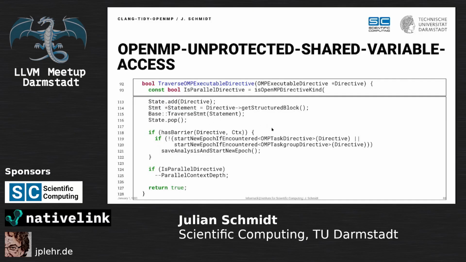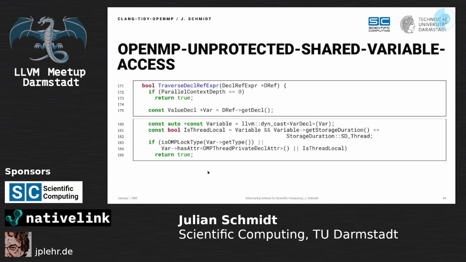Next, if that statement had a barrier at the end, OpenMP has a barrier at the end, we create a new epoch as well and continue execution. Now for the actual analysis, that's basically only the tracking for shared variables, reductions, and so on.